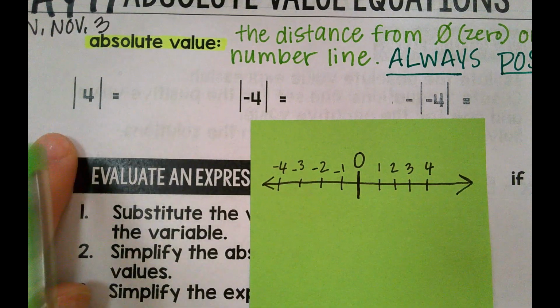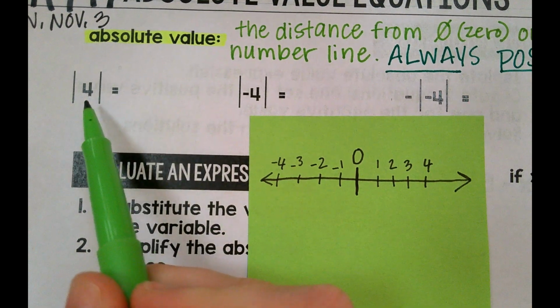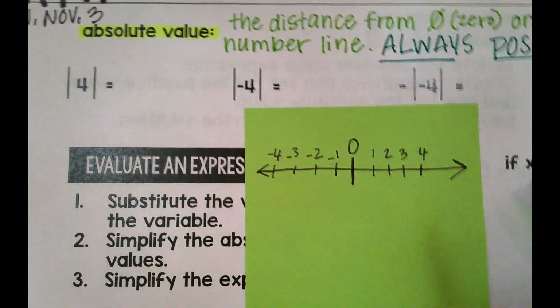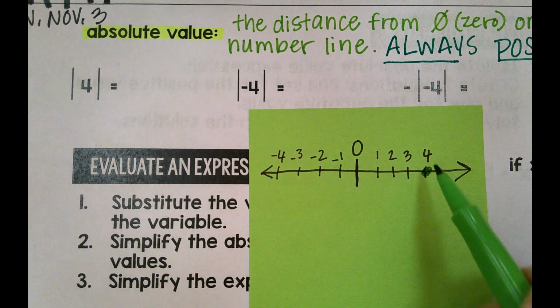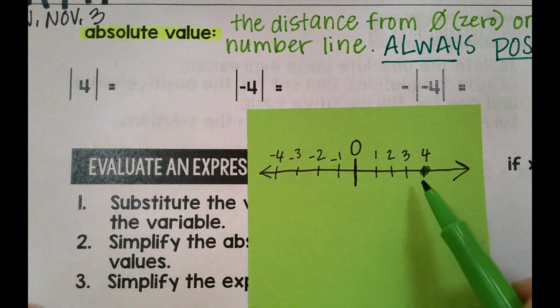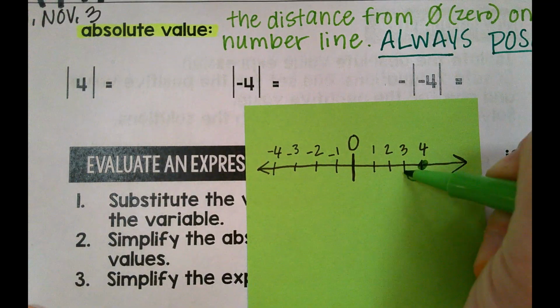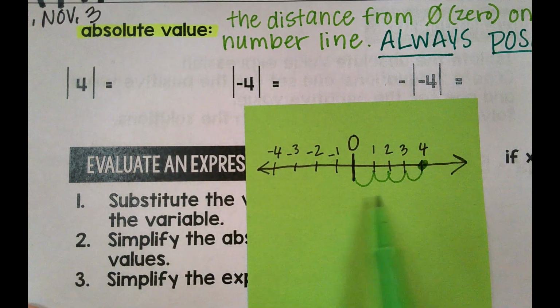That's what this question is asking. So I'm going to find 4 on my number line. That's right here. And let's find the distance from 0. I'll just count. 1, 2, 3, 4.